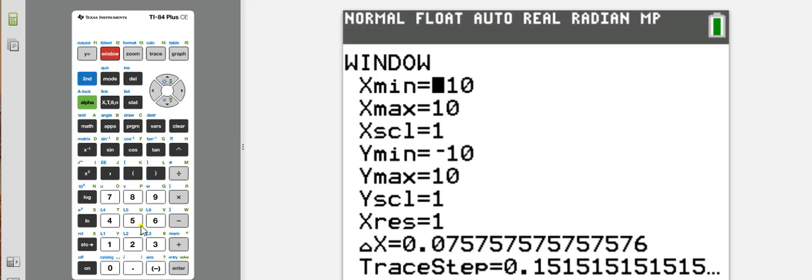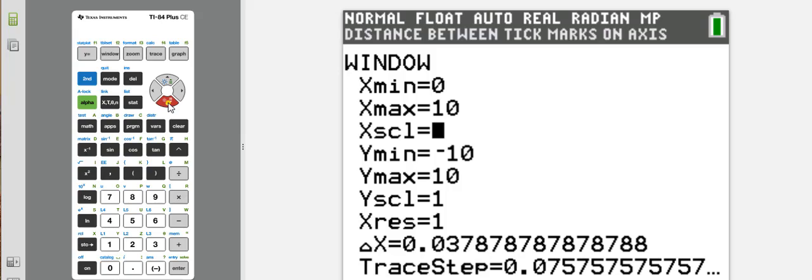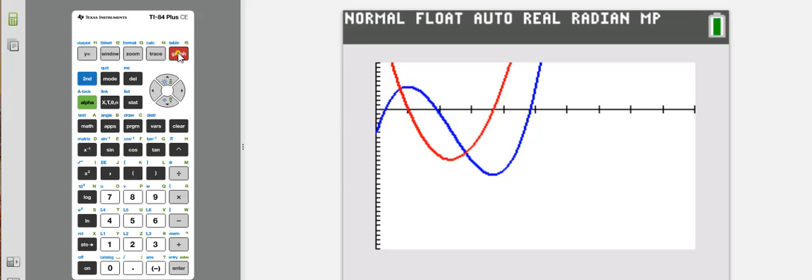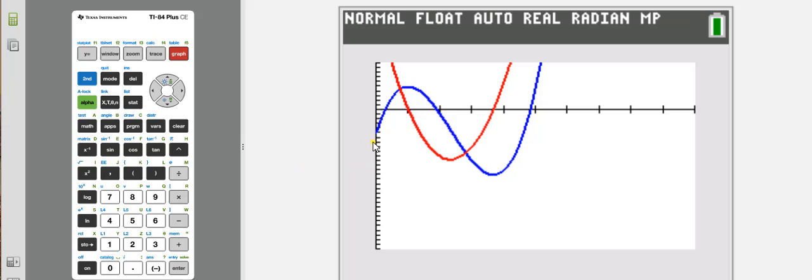I'm going to start from 0 for x min, and for y min, I want to go down to negative 30. And let's graph it and see what happens. So here's a graph. And notice the velocity is 0 at t equals 1 and t equals 11 over 3.